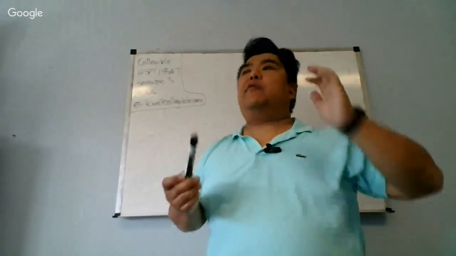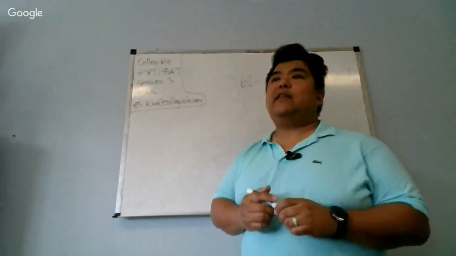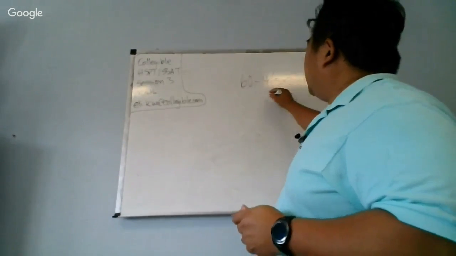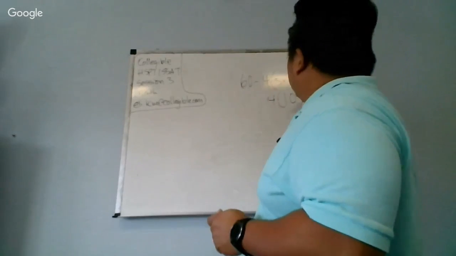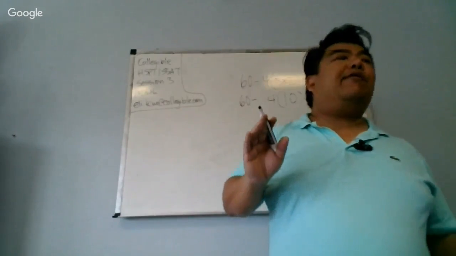The first thing we do is the parentheses here, which is 5 times 2, right? 5 times 2 is the first thing we do here. So that's going to be 10.